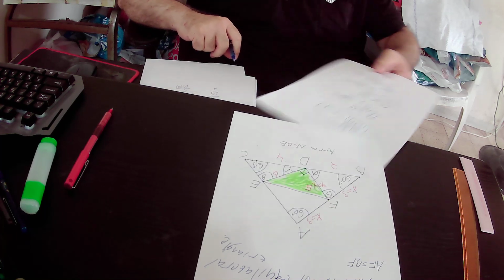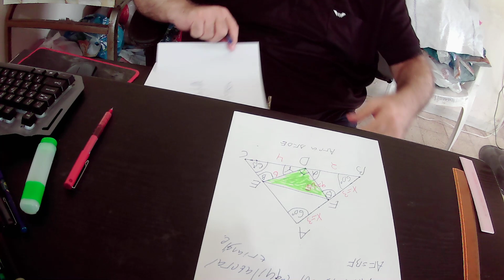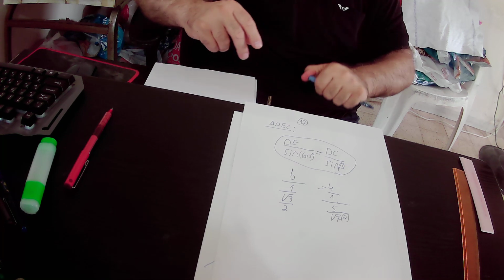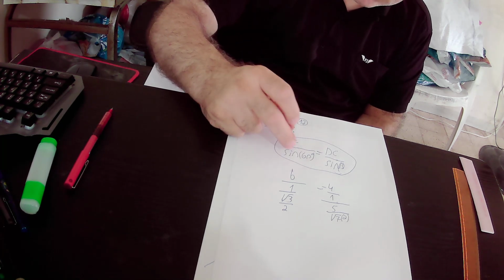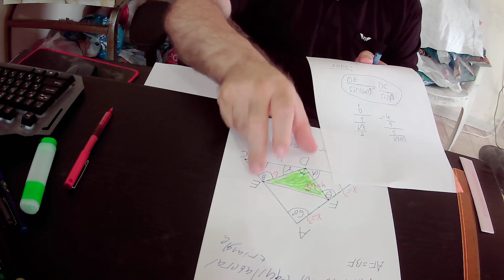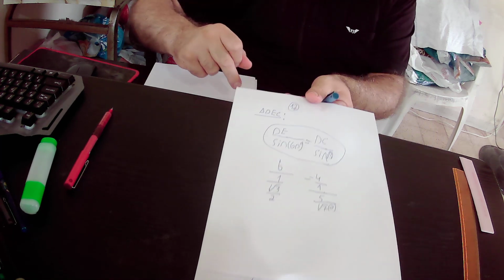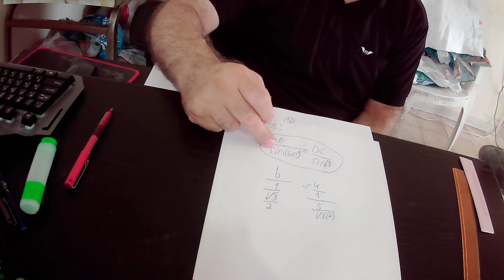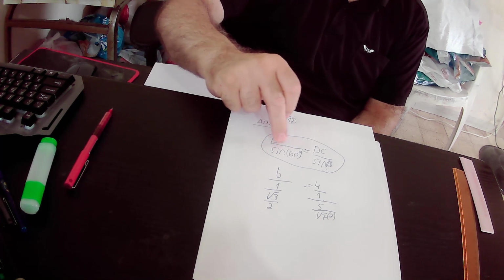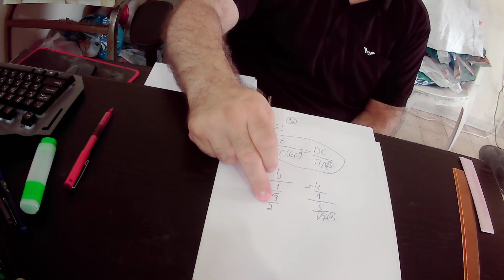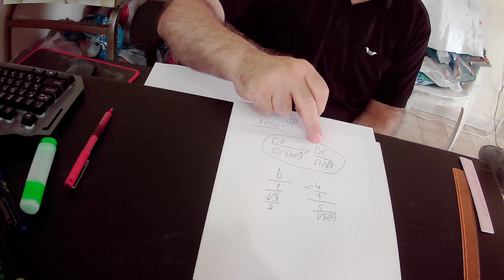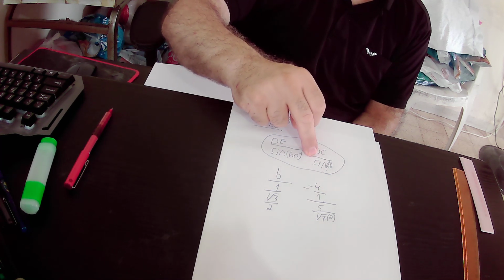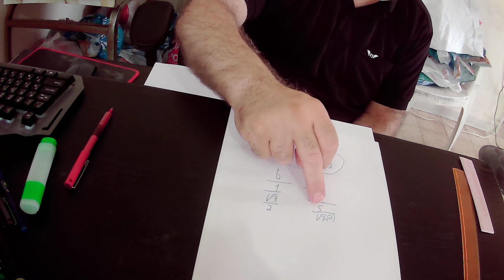Okay, so here we substituted DE by B because DE equals to B according to our definition. Sinus 60 degrees is root 3 over 2, so we substituted sinus 60 degrees by root of 3 over 2, and DC equals to 4 units, and sinus beta equals to 5 over root of 7 times 2.